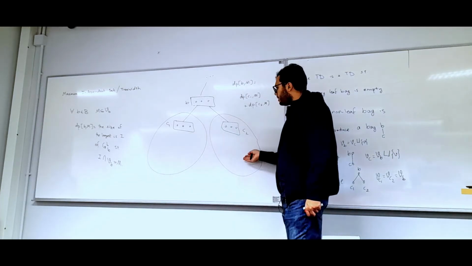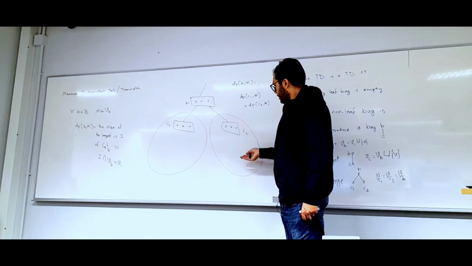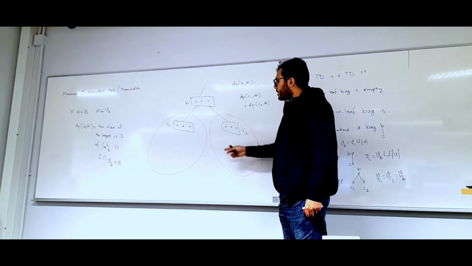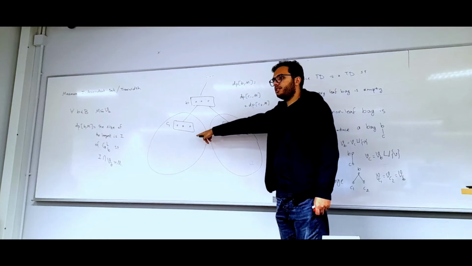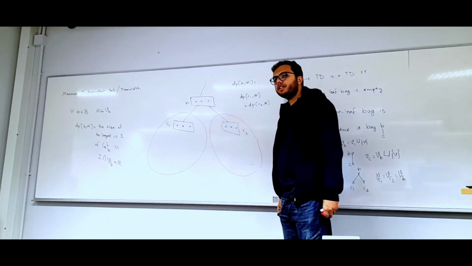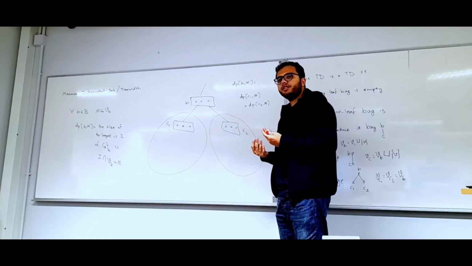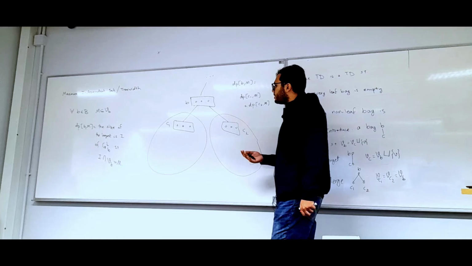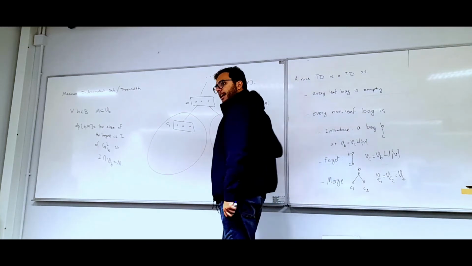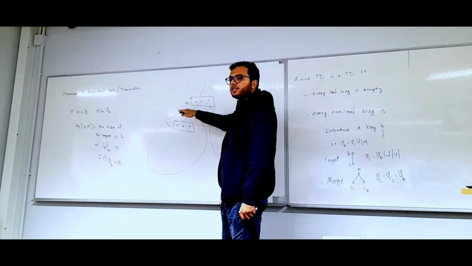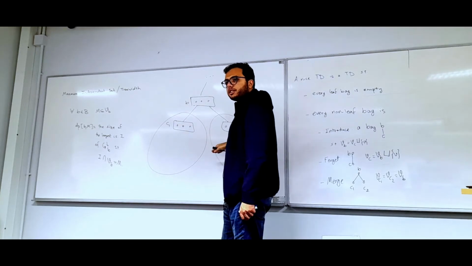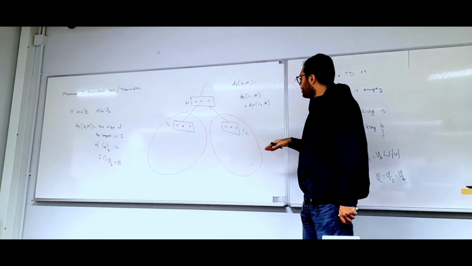Okay, why can I do this? Because the only intersection between the two sides were in these boundaries, right? Or another way of looking at it, if you just want to look at it as a tree decomposition, is that the only vertices that appear both on the left and on the right are the vertices that are appearing in the bag B itself, because every vertex has to appear in a connected subtree. Okay?